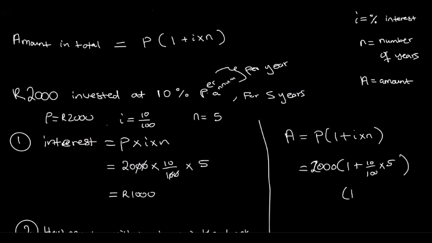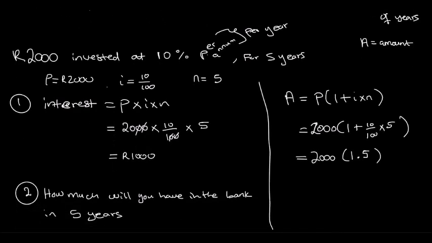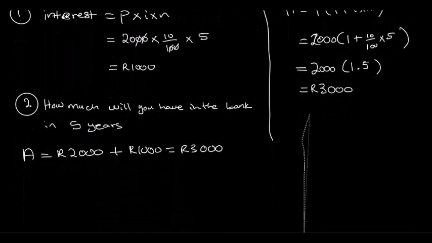Inside the bracket, if you work everything out, you'll get 1.5. Remember BODMAS, we start by working what is in the bracket. 1.5 times 2000 is 3000 rand. That's if they don't first ask you to calculate the interest, they just ask you straight away for the final amount.